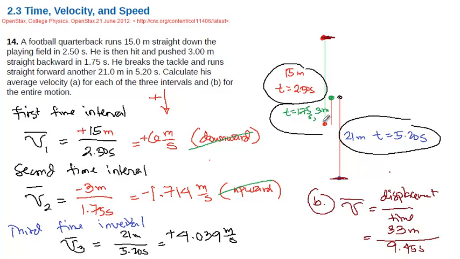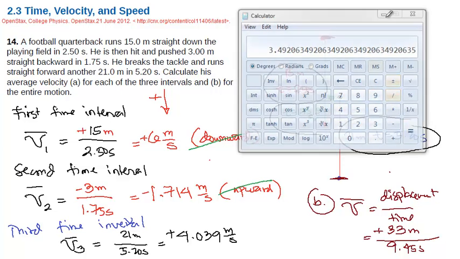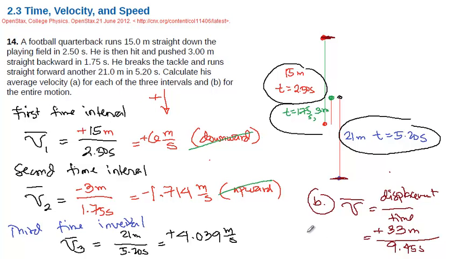So the total displacement is 33 meters. If we compute 33 divided by 9.45, we get an average velocity of 3.49 meters per second positive.